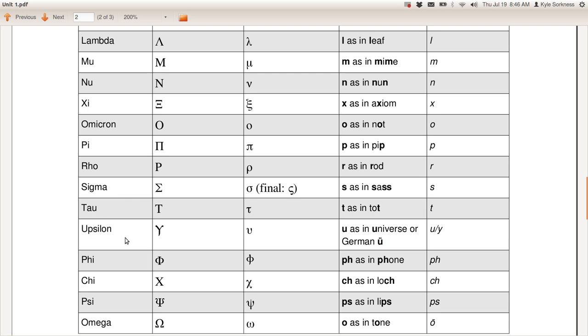The hint that I've heard and the hint that we discussed in class was to put your lips in an O shape as though you're going to say oo, but instead say E. So with your lips in an oo position, say E, and it might sound like ü, üpsilon. Again, if you don't want to mess with that, just say it U as in universe, upsilon.